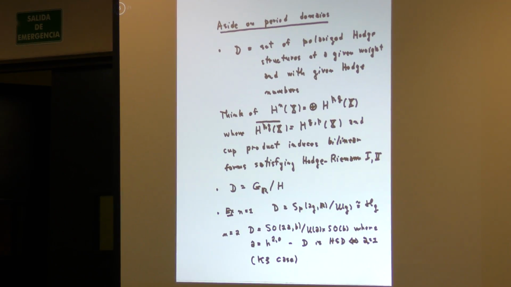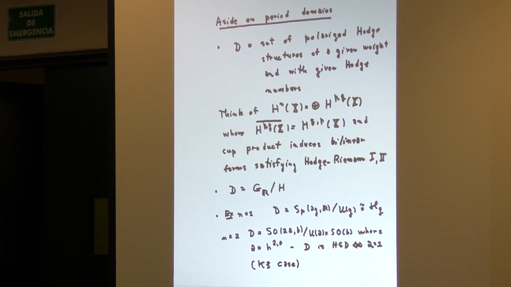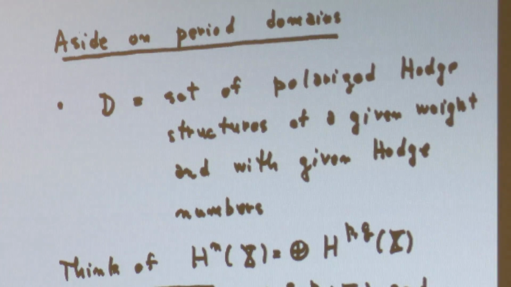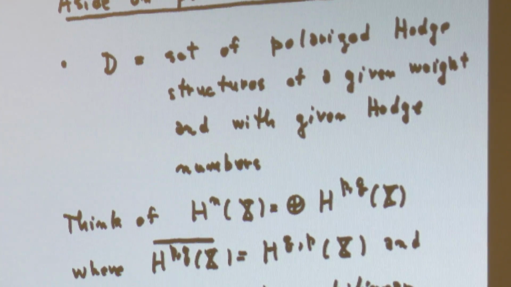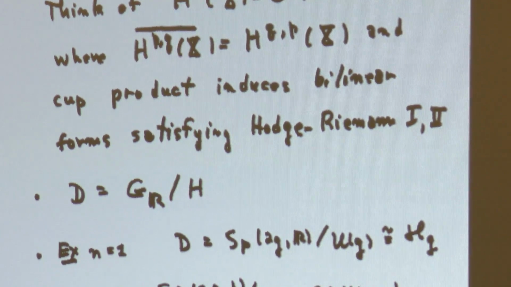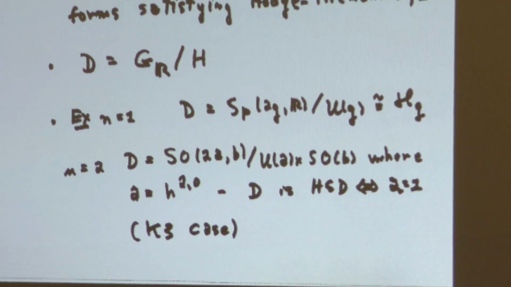Just to tell you what the period domains are, just to remind you, if you take the set of polarized Hodge structures of given weight, so we think of the nth cohomology on a smooth algebraic variety, that's weight n. And look at all possible Hodge decompositions with given Hodge numbers, and they satisfy the Hodge-Riemann bilinear relations. That's a period domain.